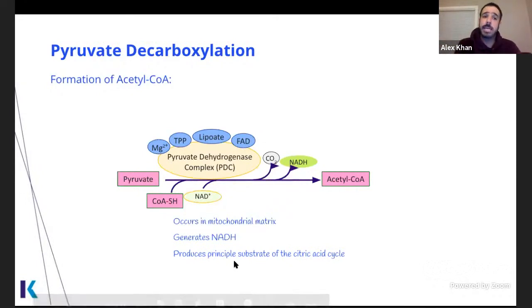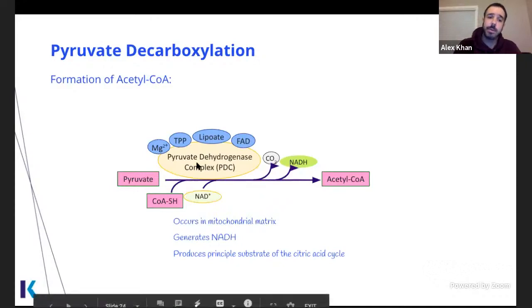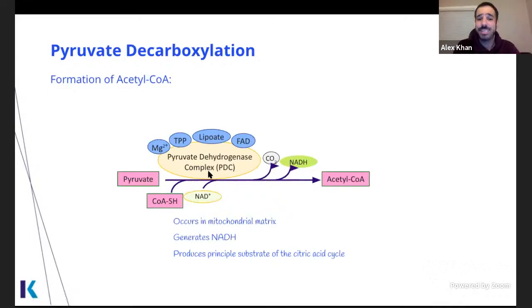Now, unlike the enzymes we were looking at before, the enzyme here, pyruvate dehydrogenase complex, truly is a complex of enzymes. It's made up of 5 enzymes, right? And a multitude of cofactors. We've seen our friend magnesium before. TPP is a derivative of thiamine, which is vitamin B1. Vitamin B1. It's kind of cool.